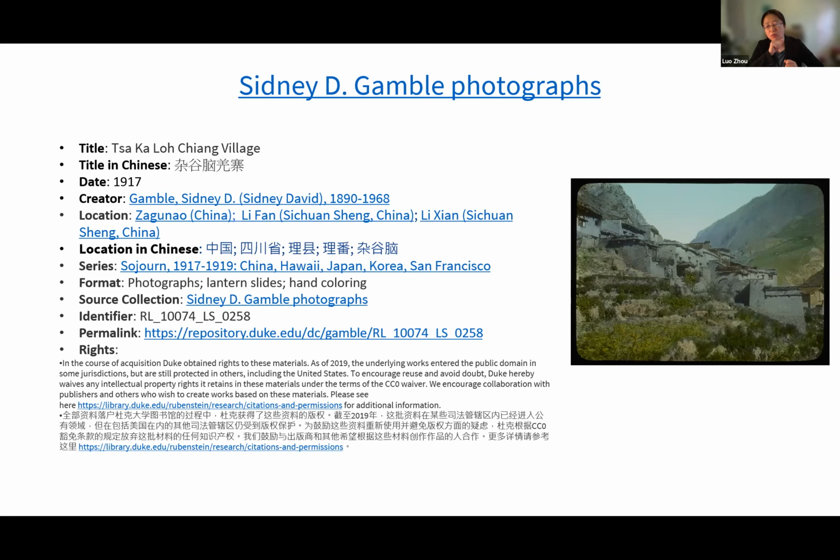I kept the old name because I think this is useful information for scholars who might need the name to search, or who come across that name in the materials they are reading and need to find places. But the modern name of that place is Lixian, so we also apply the modern name. So the location information for the Gamble collection is one area of complexity, I have to say.